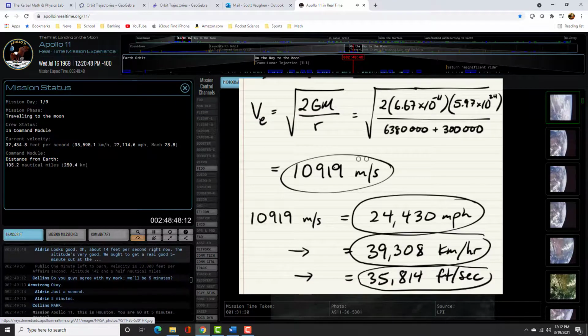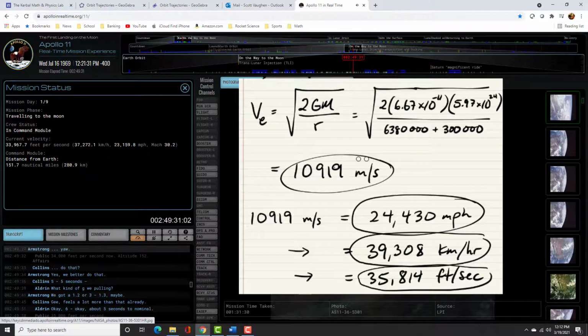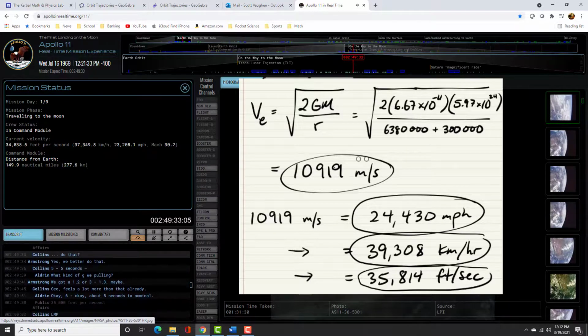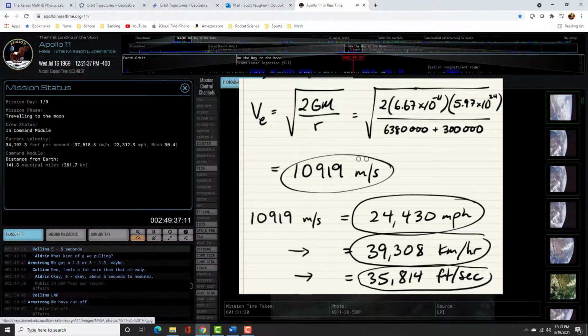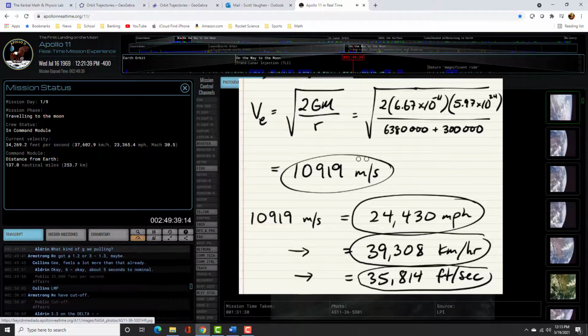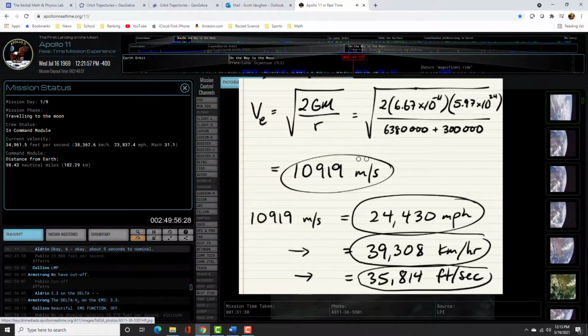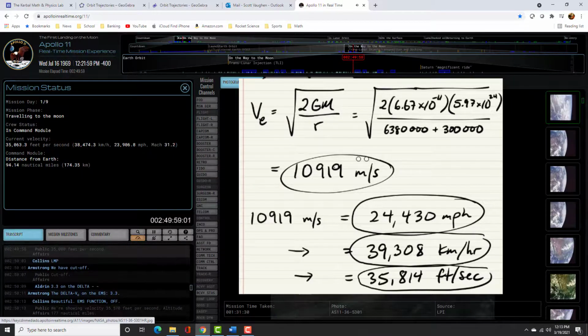And you notice the altitude gets up to about 280 kilometers during the engine burn, but their initial orbit is not even perfectly circular. It even begins to drop as they continue to gain speed. Ultimately, from this recording, I see the speed max out at right around 35,400 feet per second.